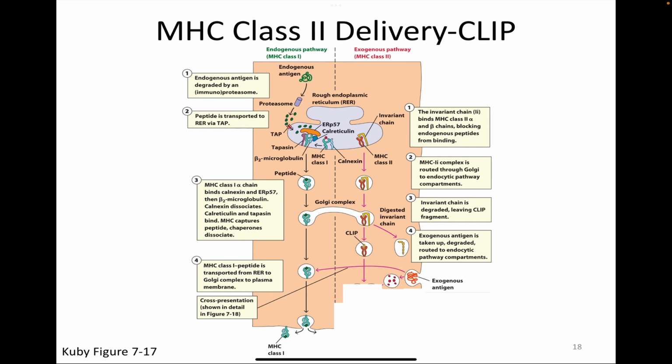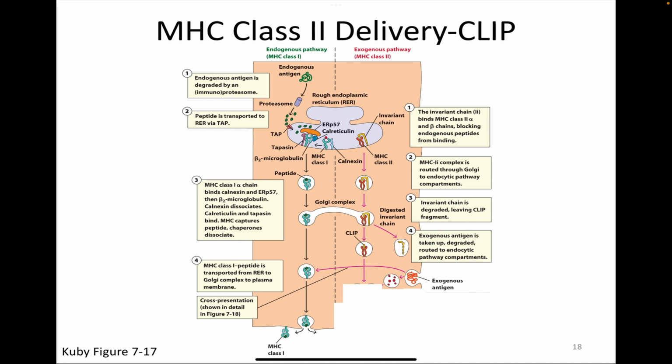And so you can see sort of this same process happening here. See, this textbook doesn't put a line. So it's a little more obvious that the peptides could go on to class 2, but fortunately, class 2 is protected by the invariant chain. And the invariant chain helps bring class 2 where it needs to go.